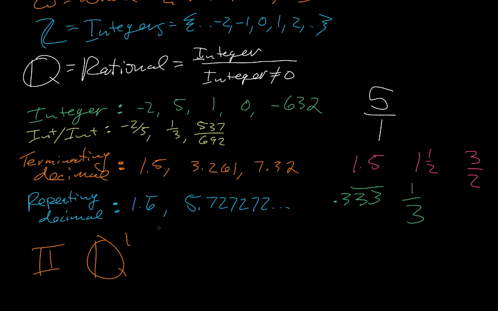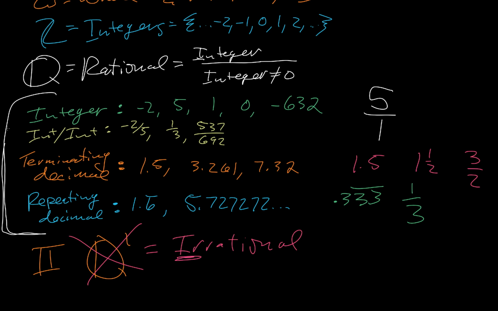So I think in this class, we are just going to use script I for irrational. And it means what it seems like it means. It's all the numbers that are not rational, given that they're real numbers. So we're just thinking of the set of all real numbers. All those numbers that aren't covered by these 4 situations are considered irrational.